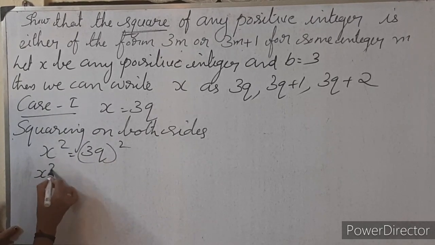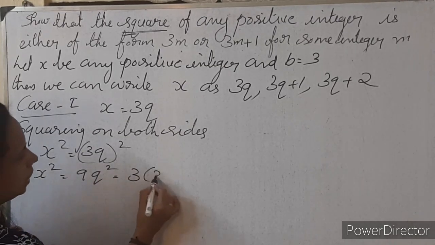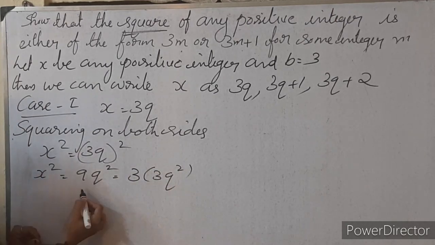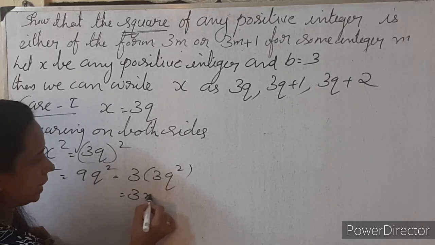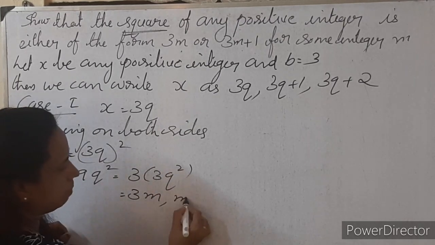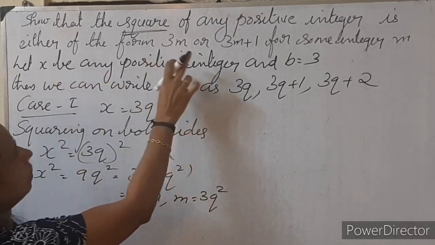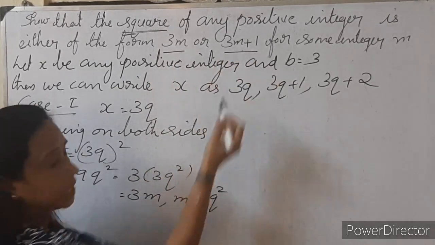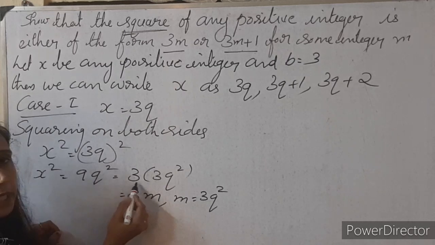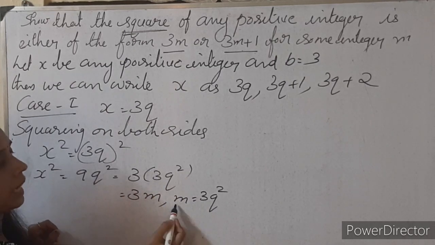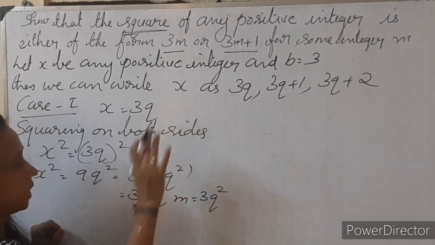Now x square is equal to 9q square, that is equal to 3 into 3q square. We can write 9q square as 3 into 3q square, and that value we can write as 3m, where m is equal to 3q square. In the question we have to prove that it is of the form 3m or 3m plus 1, so first we are proving that it is of the form 3m. So the first case is proved: it is of the form 3m.